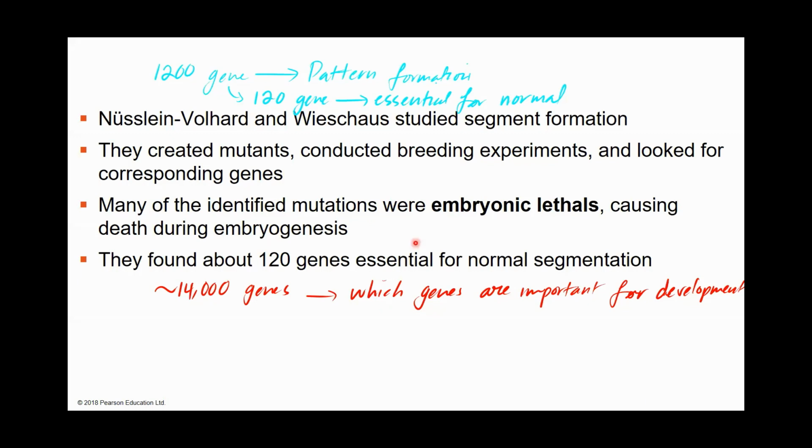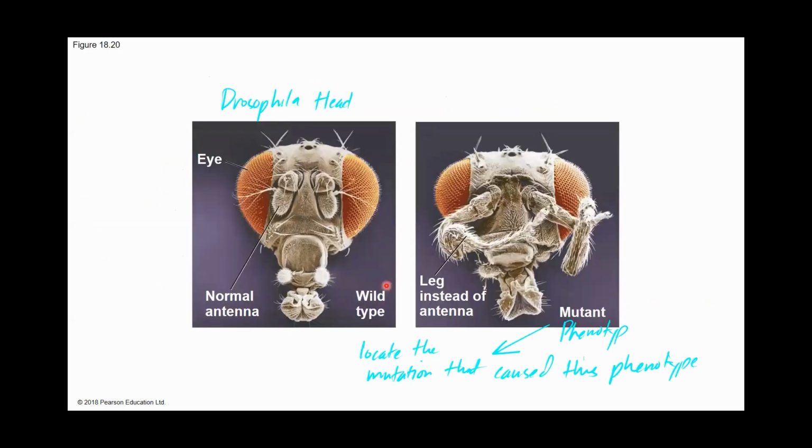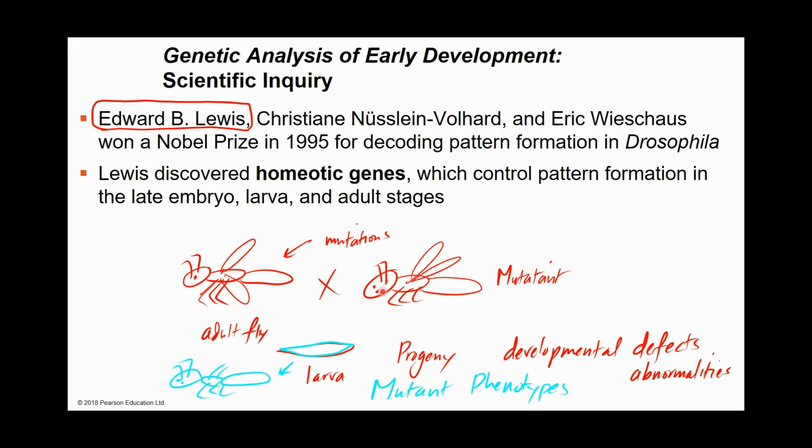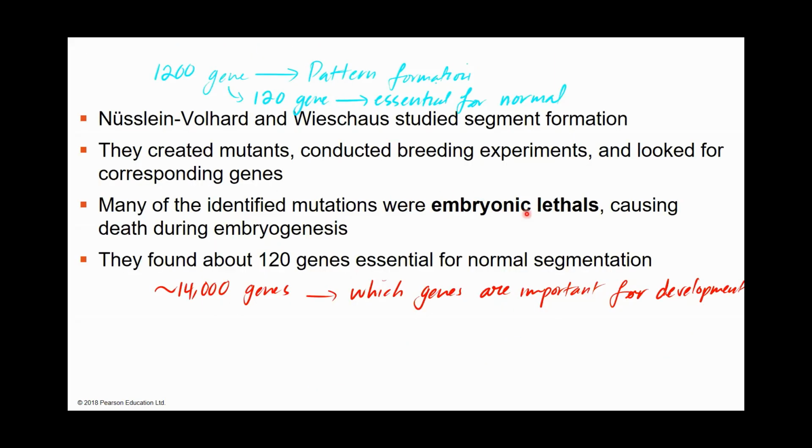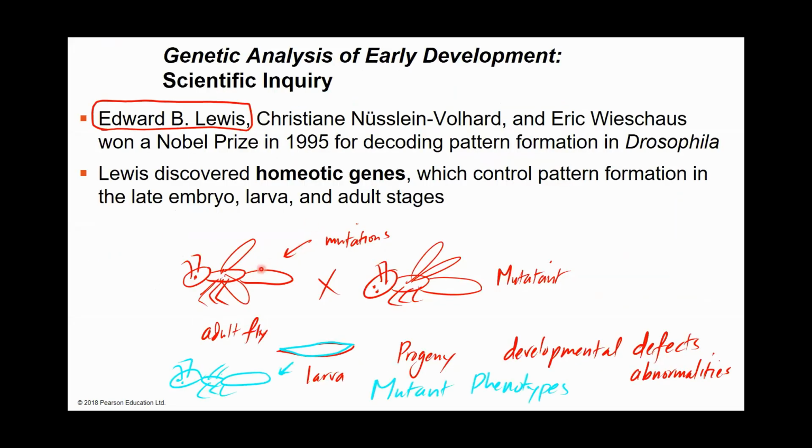Again, their approach was to mutagenize some of the genes and look for mutant phenotypes in the progeny, at each stage of development. But you have to understand that many of the mutations they introduced into the flies were embryonic lethal. Embryonic lethal means that many of the mutations they introduced into the parent flies did not result in a viable progeny.